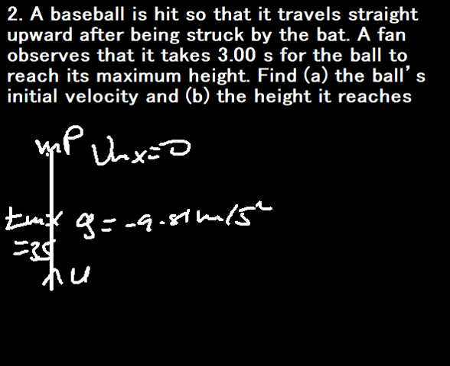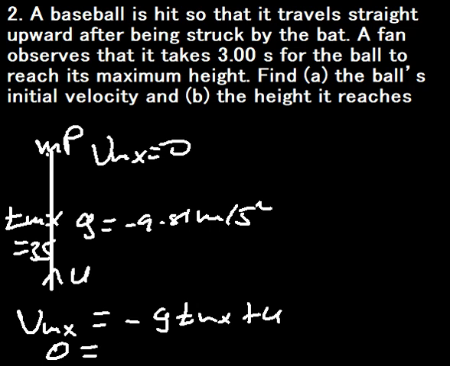Now the question says find the ball's initial velocity. So what's the formula, as we discussed before? Vmax equals negative g times Tmax plus u. Since Vmax is 0, we'll have 0 is equal to negative 9.81 times Tmax plus the initial velocity.